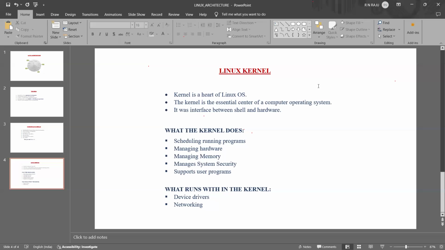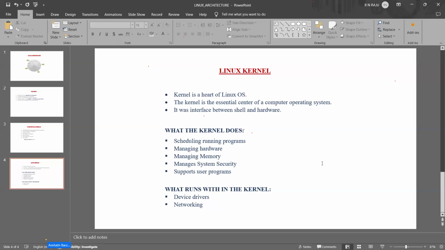Right, guys. So now, the Linux kernel. Everything is controlled by the kernel only. So these are the complete components of Linux. How many types of components? Overall, 4 components.